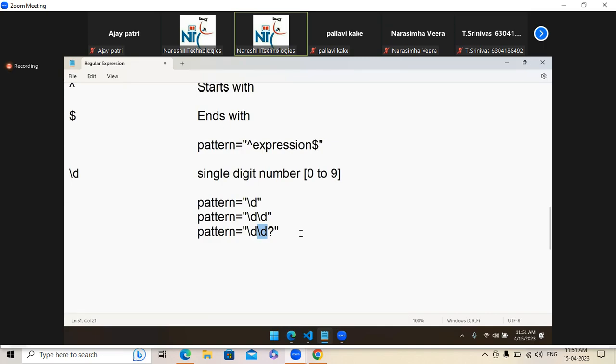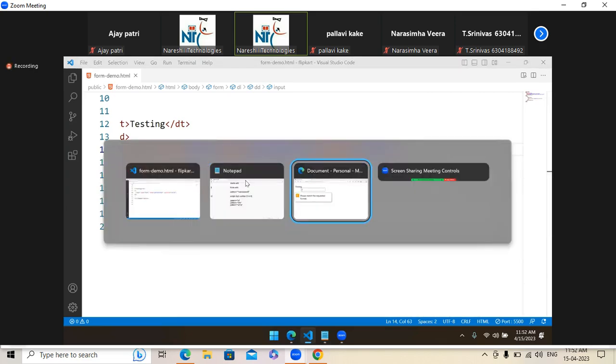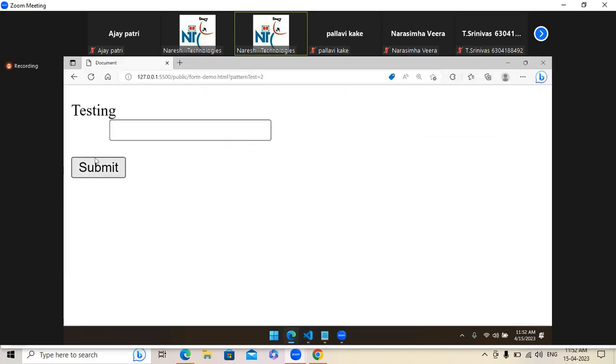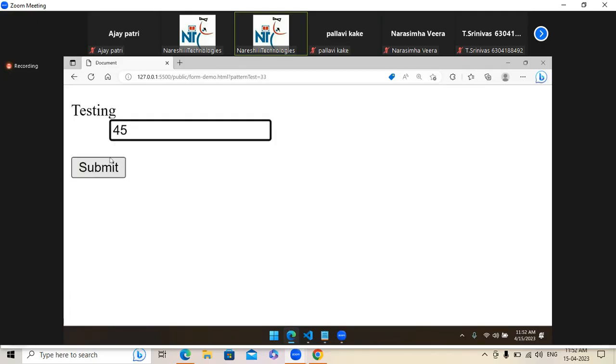Without that means one digit only. Right? That is how we write patterns. That means now you can put it anywhere. You can write here also. That means the first character can be 0 times or 1 time. So if you want to allow that, then you can write like this, question mark. Now I am writing here: one digit allowed, two digits allowed, three digits not allowed. So one or two digits are allowed.